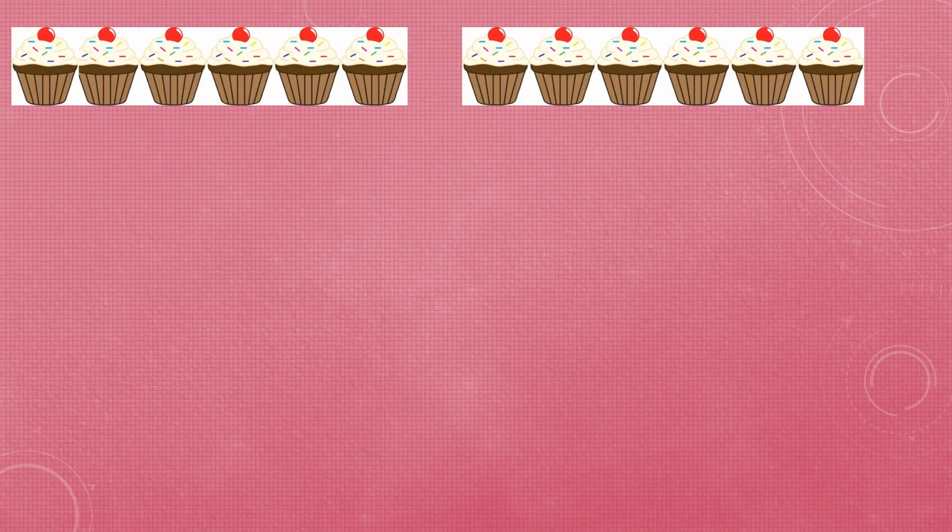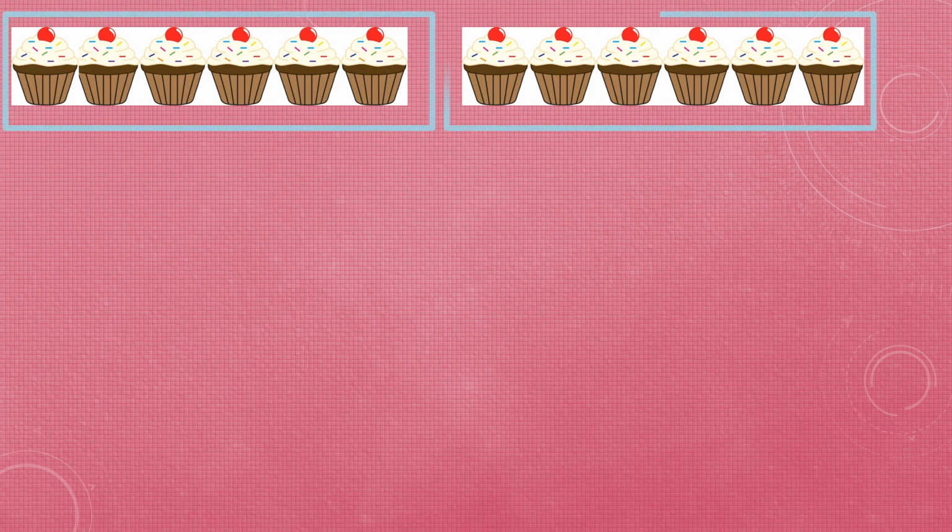Now there are a few cupcakes on the screen. Let's see how many groups. This is the first group of 6. This is the second group of 6. Let's find the total number of cupcakes. 6 plus 6, which is equal to 12.